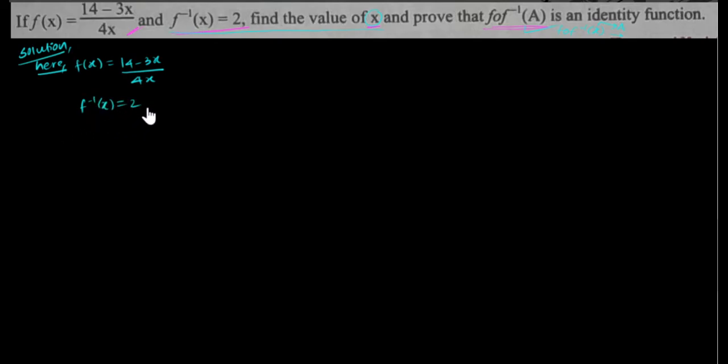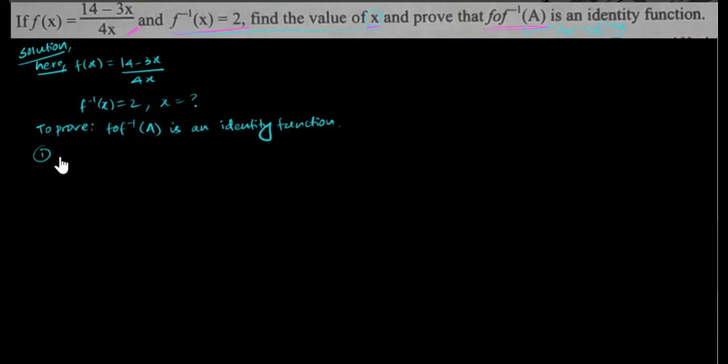You need to find the value of x by using this quantity f inverse x equals 2, and you need to prove that f composite f inverse a is an identity function. So let's find the value of x by using this f inverse function.